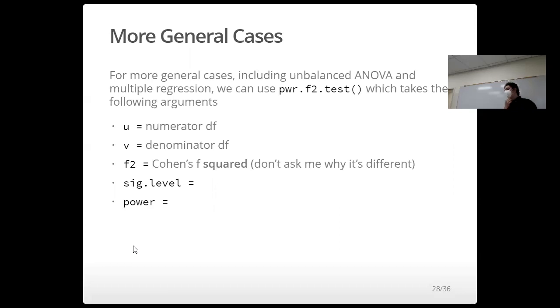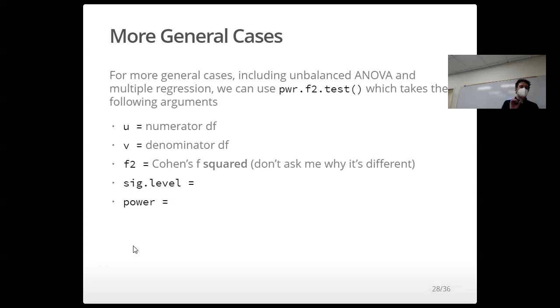It takes Cohen's F squared for some reason, instead of Cohen's F. Eta squared and R squared are the same, so if you're doing this in regression, it would also work for a regression power analysis. You could just use R squared instead of eta squared and convert that to F squared. I don't know why it's different. It just is what it is.